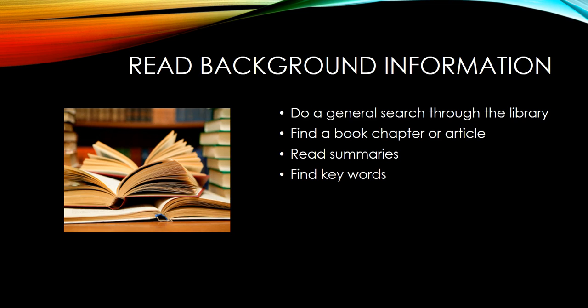It also provides a great resource for finding words commonly used to describe the topic. These keywords may be very useful to your later research. If you can't find an article on your topic, try using broader terms and ask for help from a librarian.